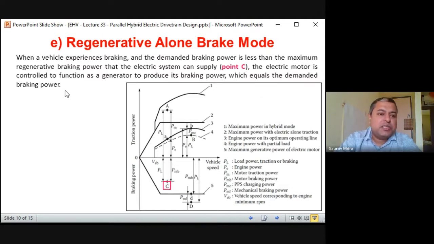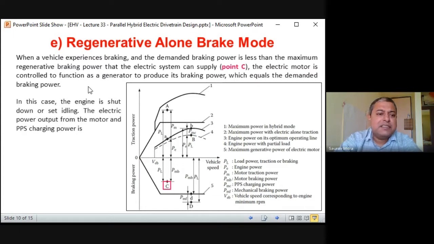The electric motor is controlled to function as a generator to produce the braking power, which equals the demanded braking power. In this case, two things happen: the vehicle is getting decelerated, and whatever regenerative braking is happening is charging the PPS, because the motor is acting as a generator. The engine is shut down or set idling, because the power demanded is very low and the vehicle is decelerating, so the engine does not need to produce any power.